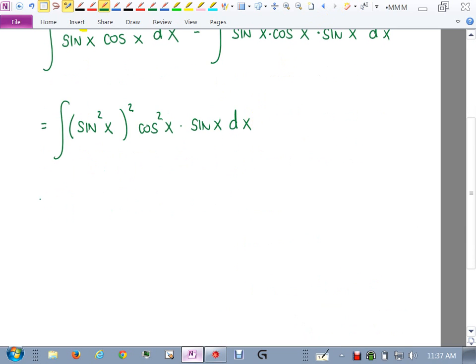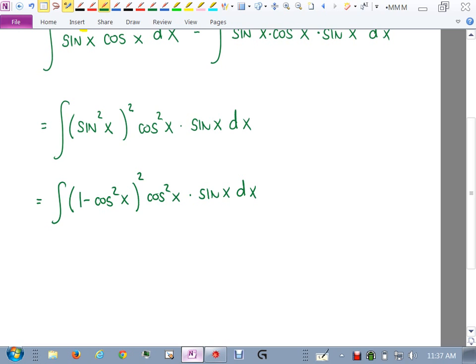So now I'm going to rewrite the integral. 1 minus cosine squared x, but then what? Squared, and then cosine squared x, and then times my sine x dx. All right. At this point, I'm ready to roll, all right? Because I have my du here, right?